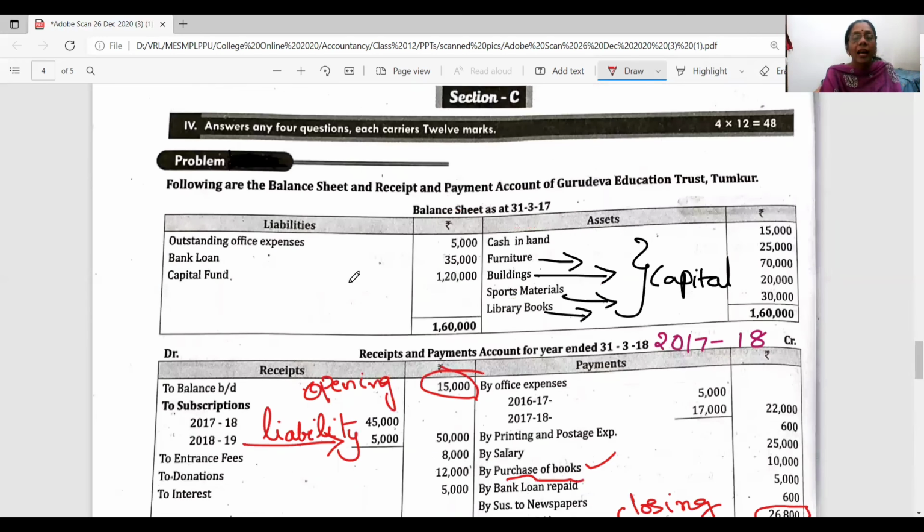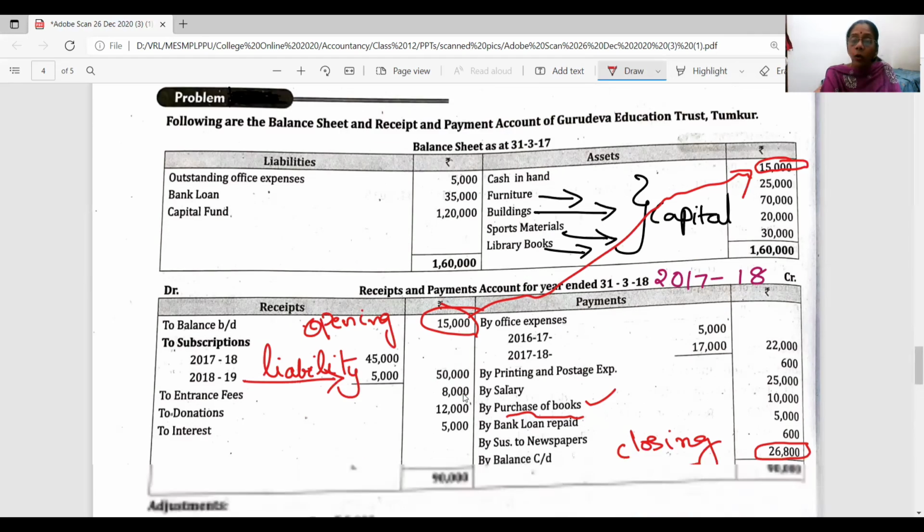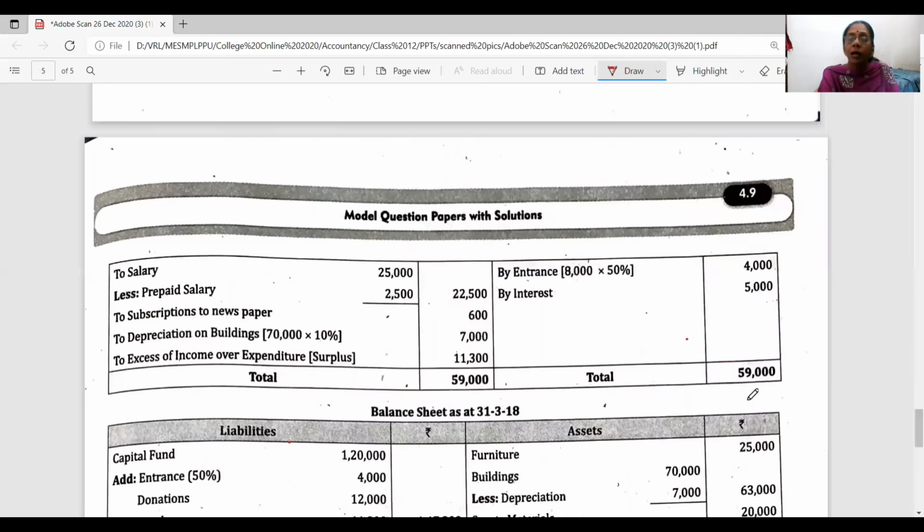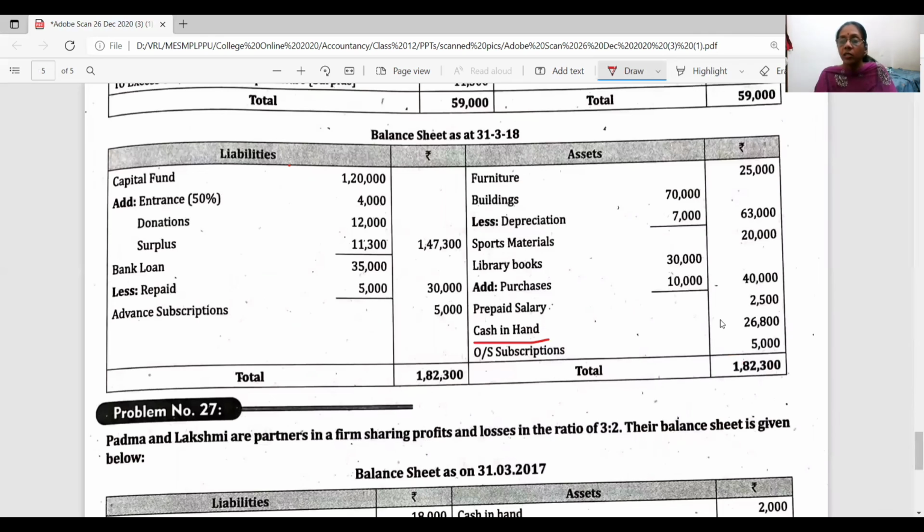See, you look at the old balance sheet, you could see that cash in hand is given at 15,000. What is this 15,000? It is the opening balance. This 15,000, what you find in the receipts and payments account and what you observe over here is one and the same. And now when you're preparing the closing balance sheet, this 26,800, which marks the closing balance, should form a part of your closing balance sheet. So this 26,800 is from the receipts and payments account, which is the closing balance of the receipts and payments account.